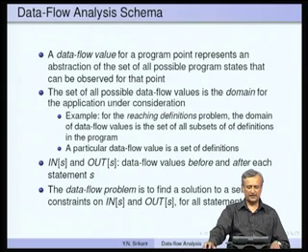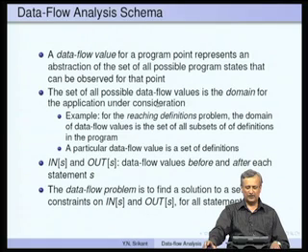Let us see what exactly is a data flow analysis schema. Before that, we need to understand what is a data flow value. A data flow value for a program represents an abstraction of the set of all program states that can be observed for that particular point.